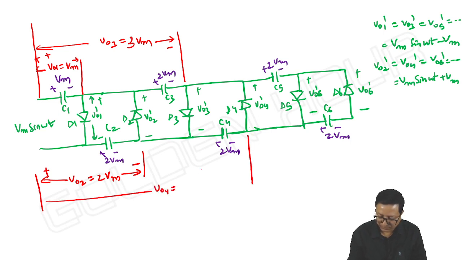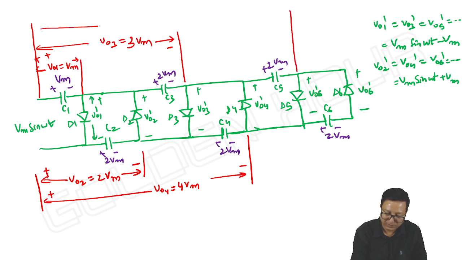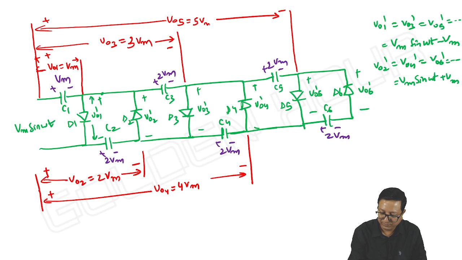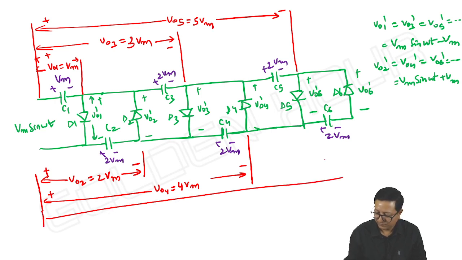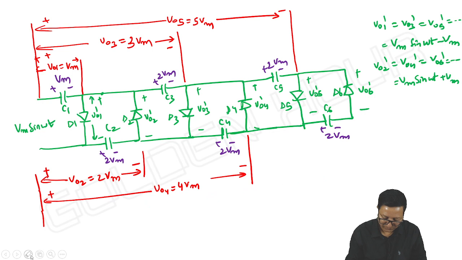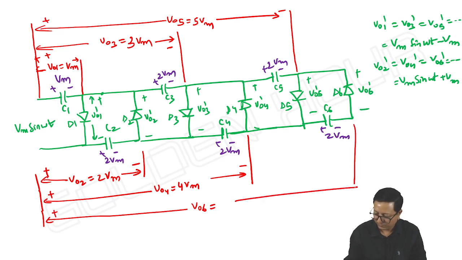VO4 is equal to 4Vm. Then 5Vm. VO6 is 6Vm.